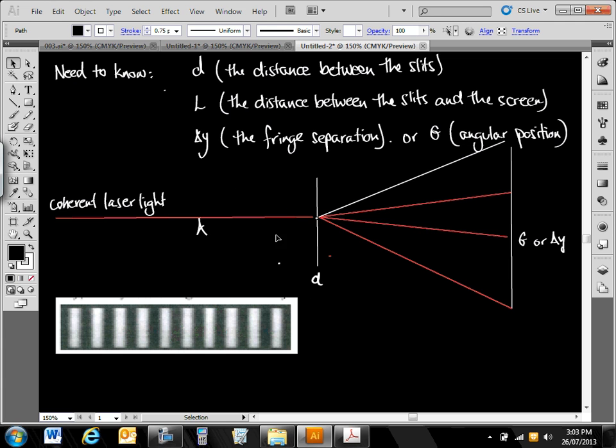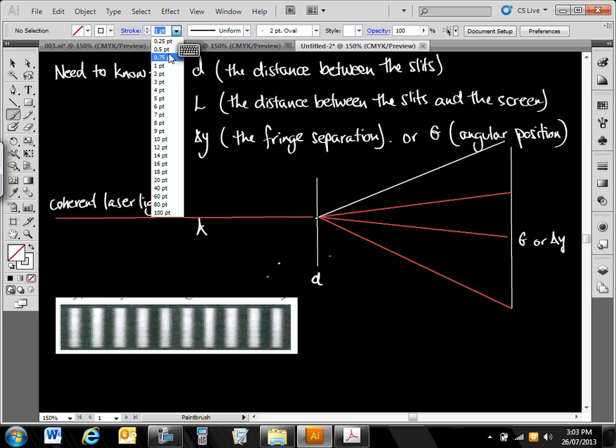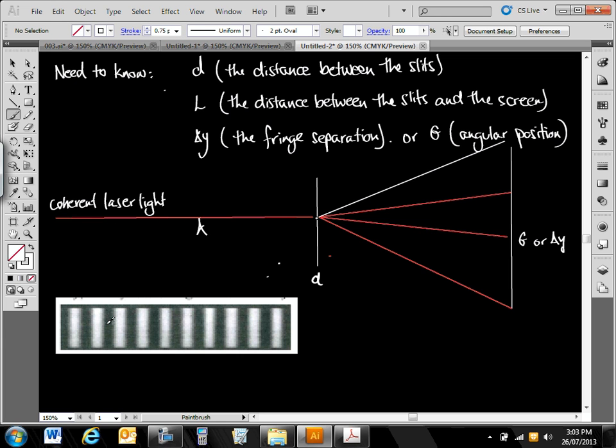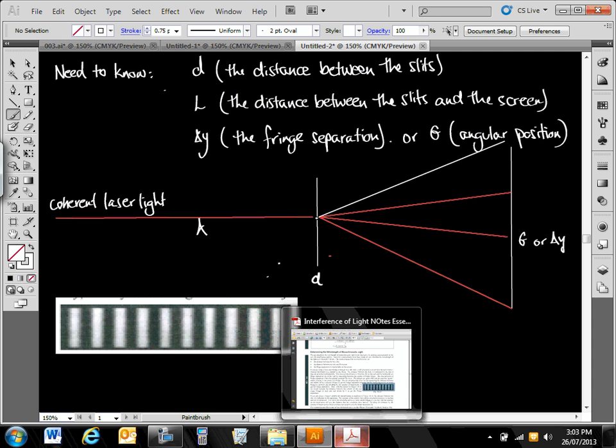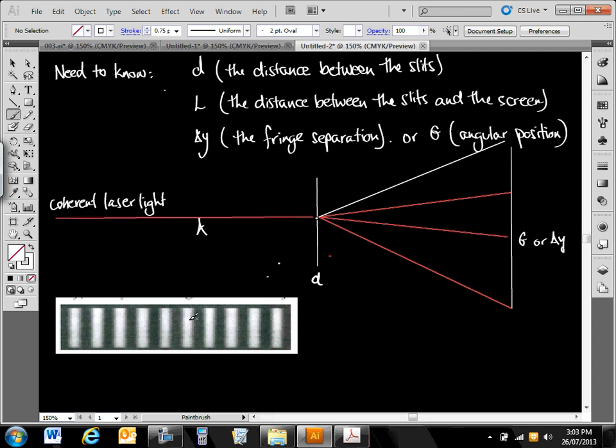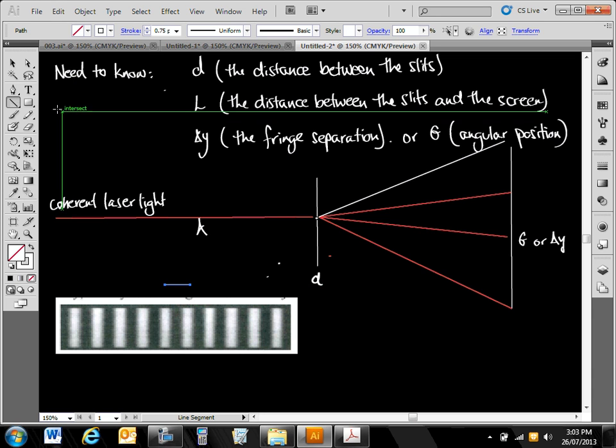If it was that size, hypothetically. How would you measure delta y? What's the most accurate way? You could say, I'm going to take the center of that band to the center of that band, and measure between the two.